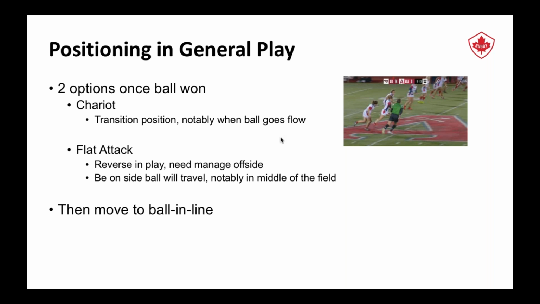In games that are slower, where we have either pick and goes or a lot of first receivers going straight into contact, we can be a little bit tighter to manage that space and manage that offside line. So those are probably the two things I'd say. The faster the game, the wider and flatter we can tend to be, whereas the slower the game, the tighter we can tend to be. Certainly, whether we manage it from more of a chariot position versus a flat attack entirely depends on our preferences as individuals.